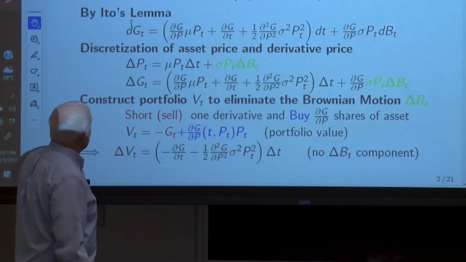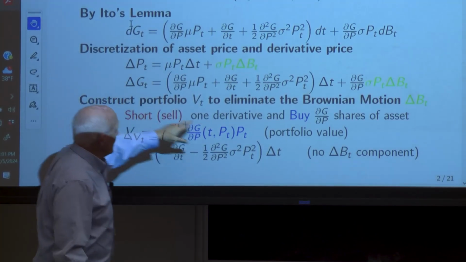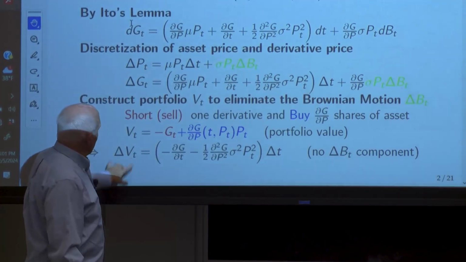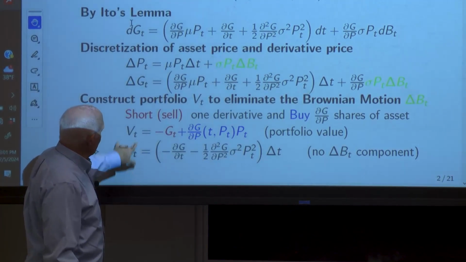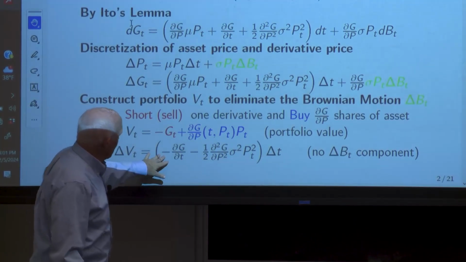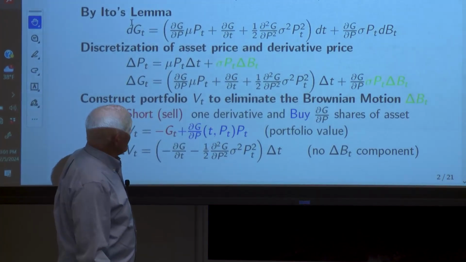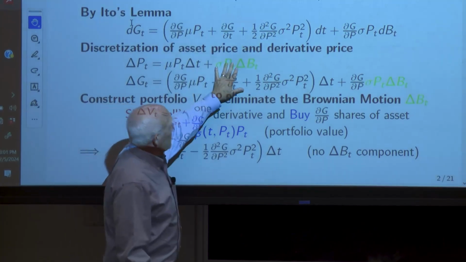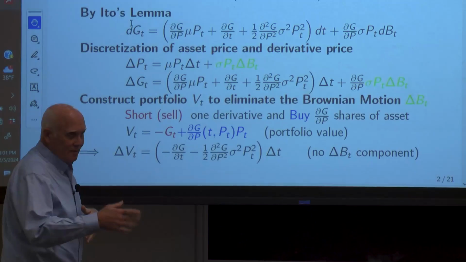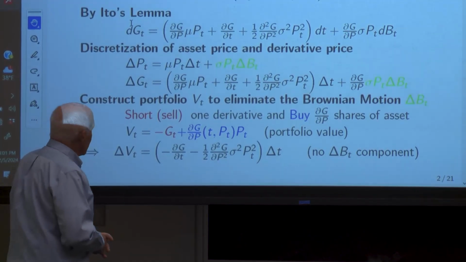So if we basically take minus 1 times this plus the dg dp times the asset, then the increment of value of this portfolio is simply delta t times this factor, and we've canceled out the terms in green when multiplied by minus 1 for the derivative or dg dp for the asset.